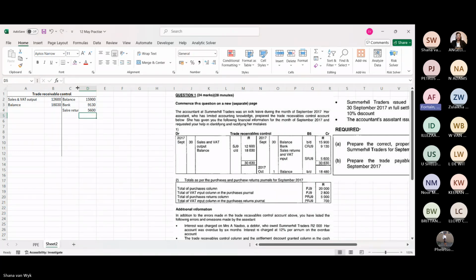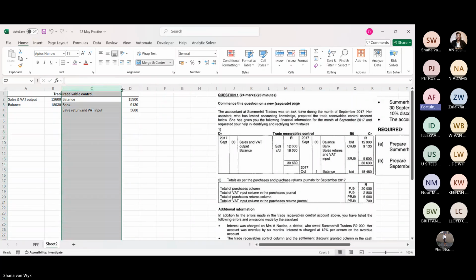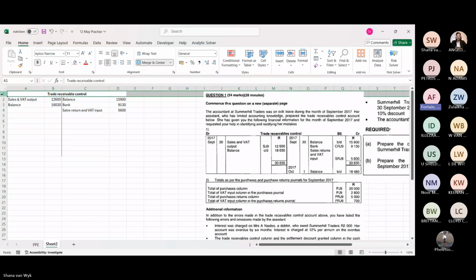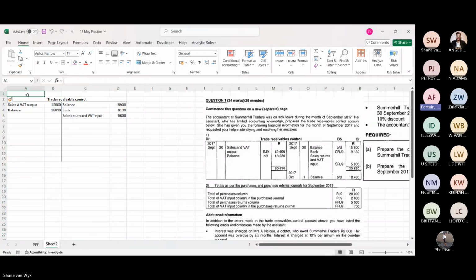Shana, if you can also just write on top, somewhere there, because I know people cause such a big thing about it. Write in red: please replace cheques with EFTs or whatever.